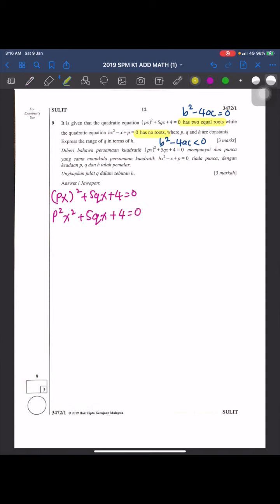Saya tahu this is my A, this is B, this is C. So, masukkan. Kita ada b square minus 4ac equals to 0. So, b saya 5q square, minus 4, a is p square, c is 4, equals to 0. So, simplify. Kita akan dapat 25q square equals to 16p square.